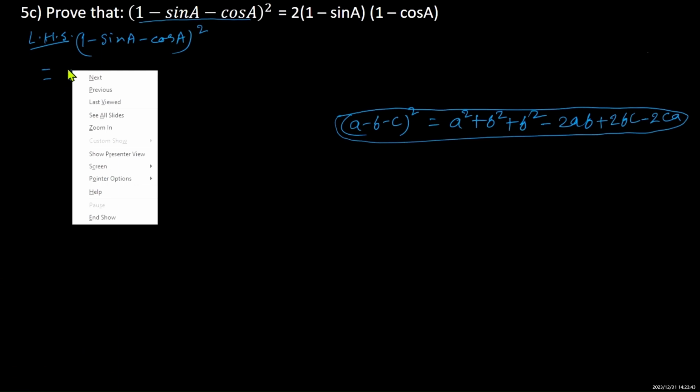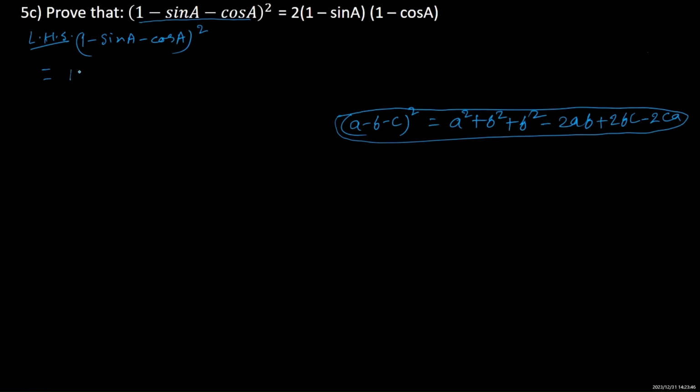We'll get 1 square is 1 only, plus sin square A plus cos square A. These three terms are like a square plus b square plus c square.